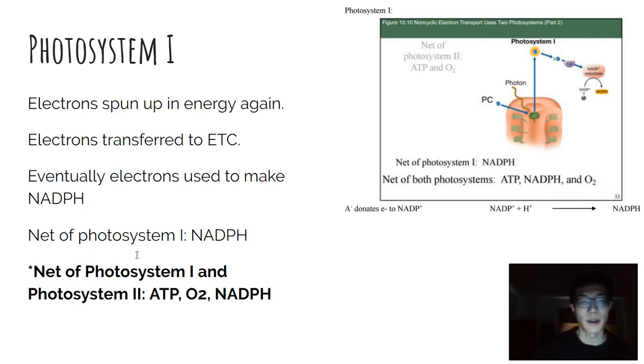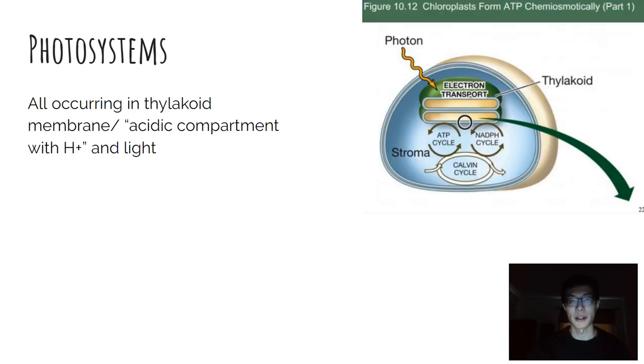So the net of photosystem 1 is going to be NADPH. So if we look back, photosystem 2 happens before photosystem 1, but the net gain of photosystem 2 and photosystem 1 is ATP, oxygen, and NADPH. So that's how we should get things started.